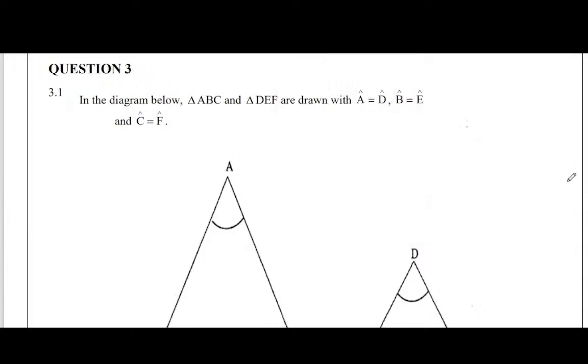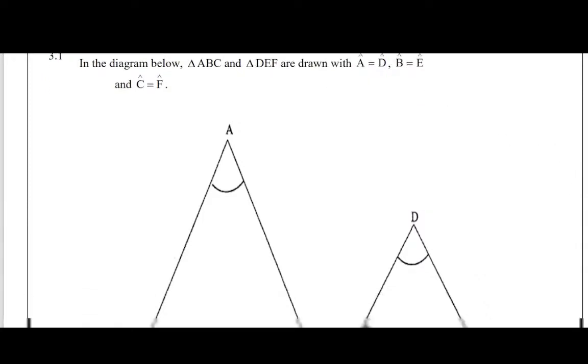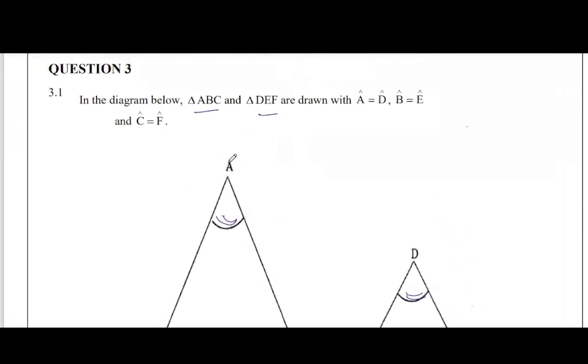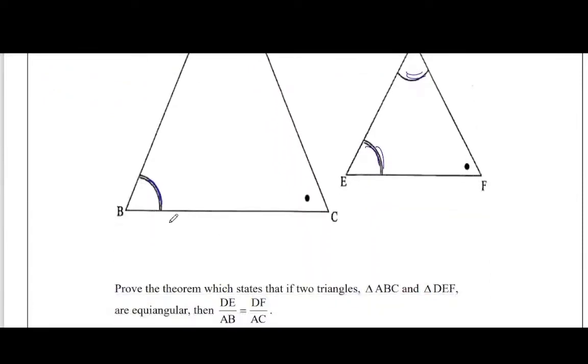Okay, so they're telling us that in the diagram below, triangle ABC and triangle DEF are drawn, with angle A being the same as angle D, and then angle B is the same as E. This angle is the same as this. And then they're telling us that angle C is the same as F, just as indicated.